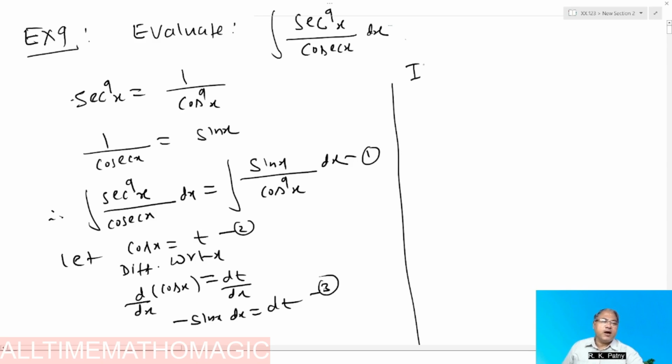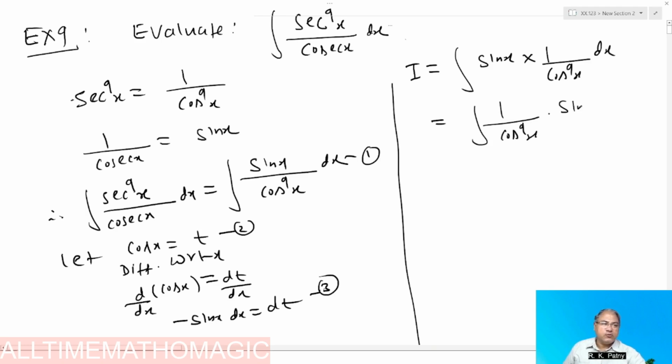After that, I equals to, the given question can be written as sin x into 1 upon cos raised to 9x dx, which can be written more easily as cos raised to 9x into sin x dx. Both the ways you can write. Now here is sin x dx, so minus is not there. So here in equation 3 we are taking minus to that side, so it becomes minus dt.